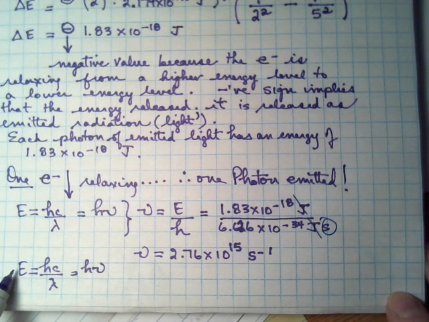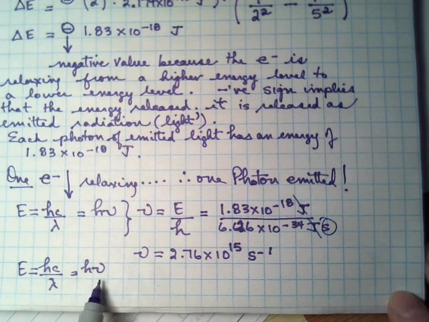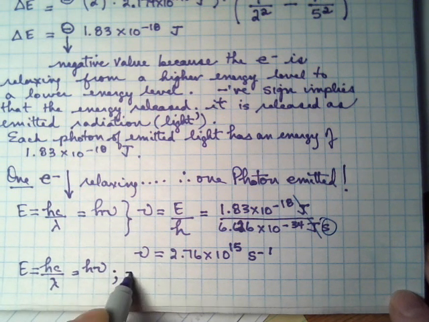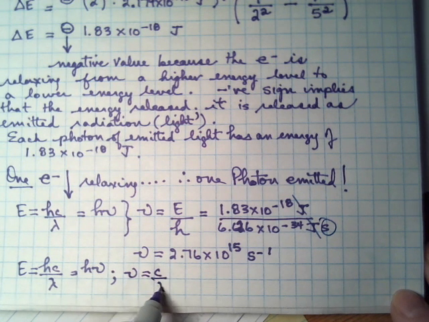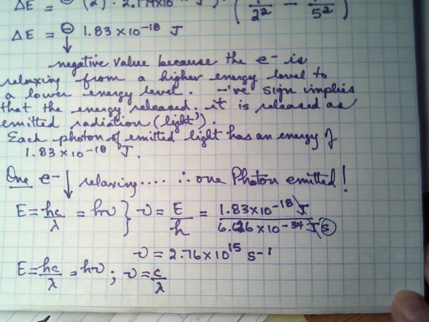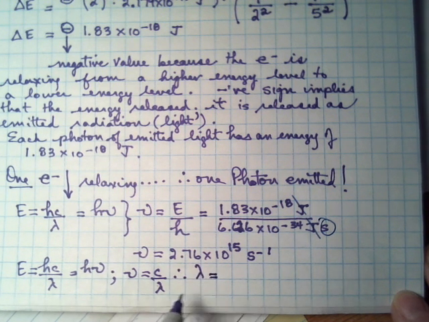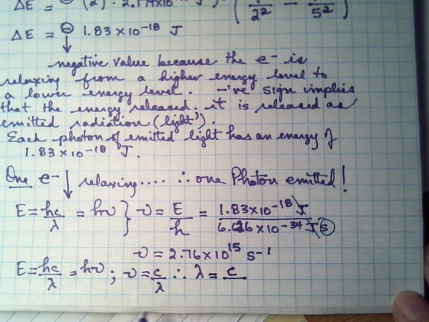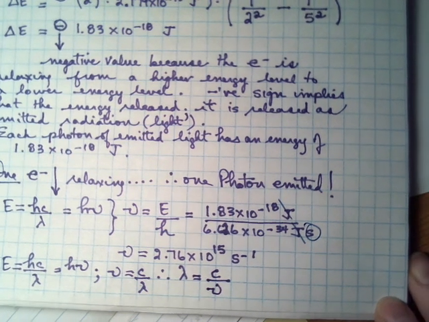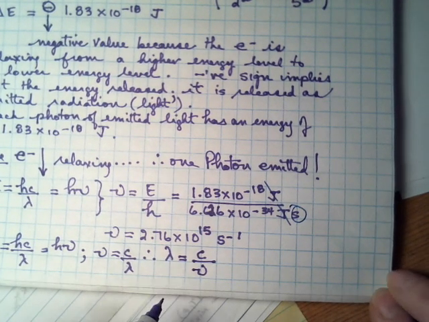I could say that wavelength is equal to hc over E, but now that I actually determine the frequency, and I know that frequency is c over lambda, and I just found frequency, why don't I use the simpler formula and say that therefore lambda is equal to c over frequency. Okay, really squeezing this on the page here.